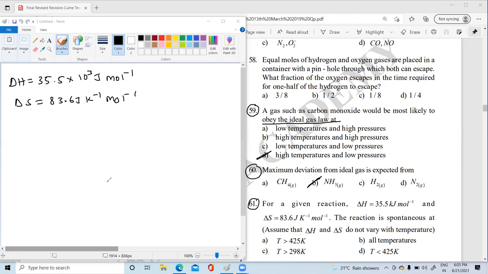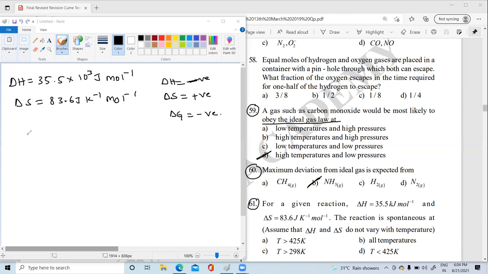The reaction is spontaneous, then the temperature is what they are asking. So when the reaction is spontaneous, students, del H should be negative, del S should be positive, and del G should be negative. But here del H is positive, right? So temperature variation is taking place.